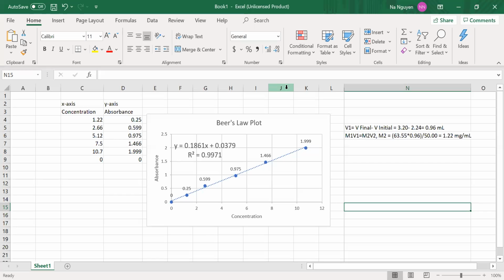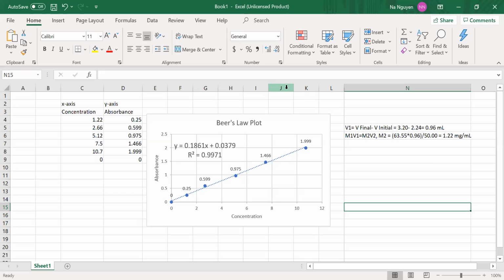So for the concentration of site A and site B, I'm using the trend line, which is y equals 0.1861x plus 0.0379. And for the y value, we're going to plug in the absorbance of site A, which is 0.130.